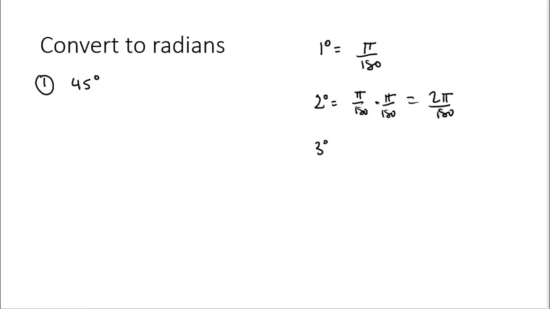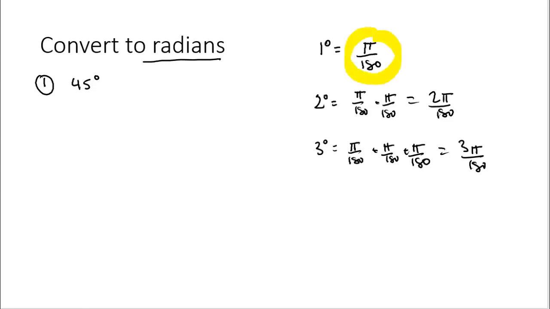If I said 3 degrees, I would have 3 of these pi over 180s, which is the same thing as 3 pi over 180. So when you're converting to radians, all you have to do is multiply by this. To convert 45 to radians, I'm going to multiply by pi over 180. Now my degrees will cancel each other out, and I'll be left with my answer.